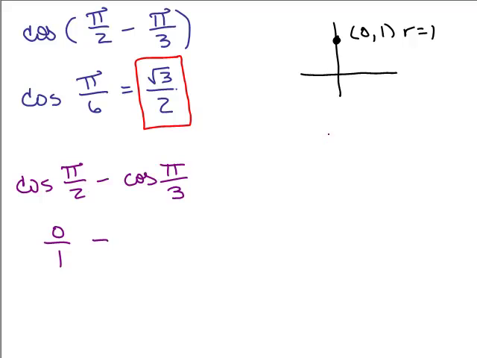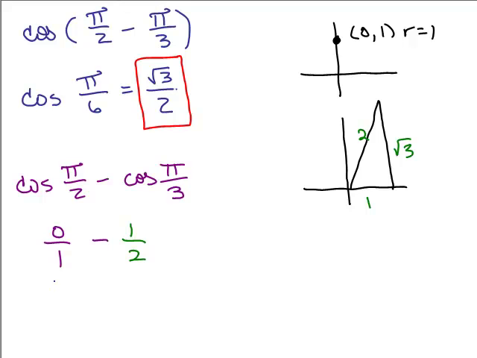Minus, now what about the cosine of pi over 3? All right, so now we have to look at pi over 3. That's 60 degrees here. And so those values are 1, square root of 3, and 2. And so the cosine is, again, x over r, so it's 1/2.